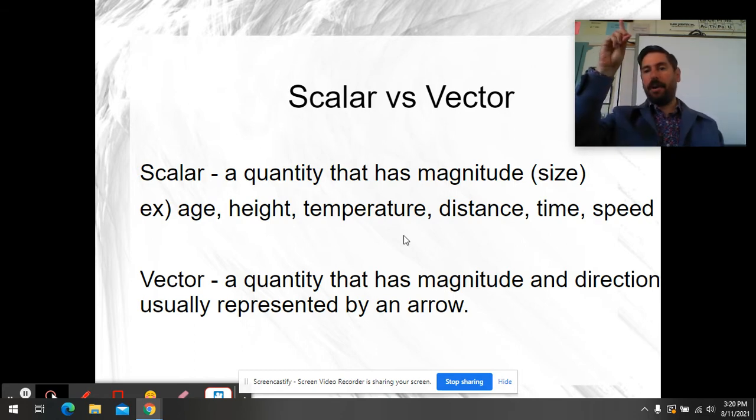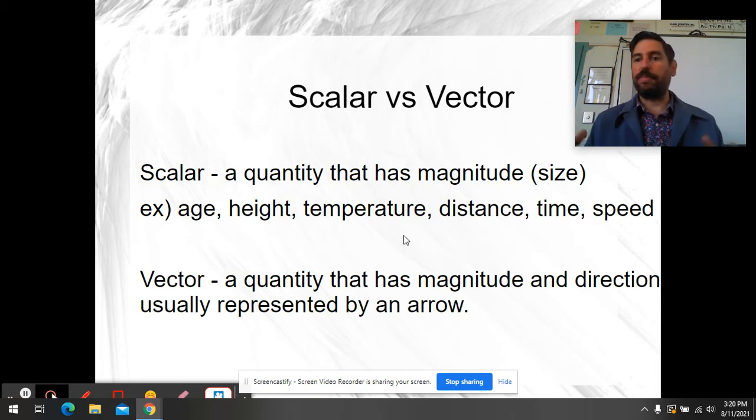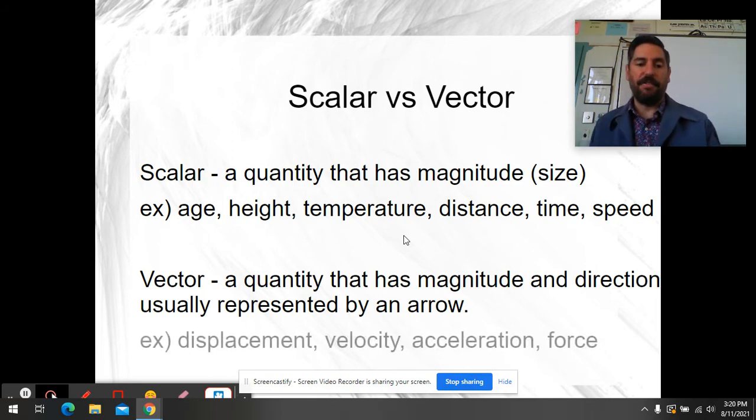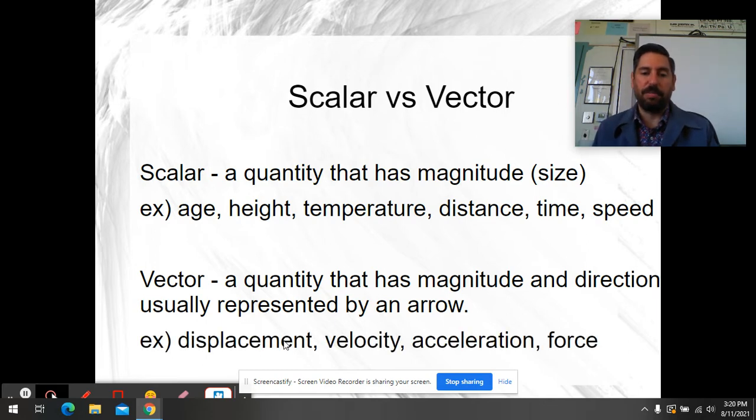I could push it up or down or east or west. All those have descriptors that are giving you more information about the direction the force is being applied. That would be an example of a vector. Other vectors we're going to talk about are displacement, velocity, and acceleration. We'll talk about those soon.